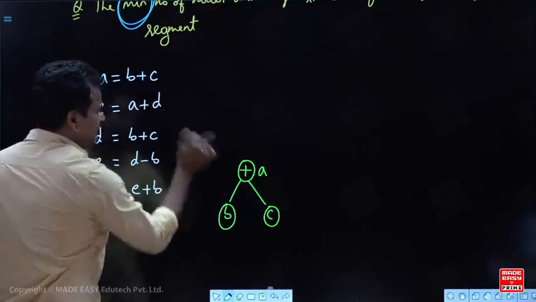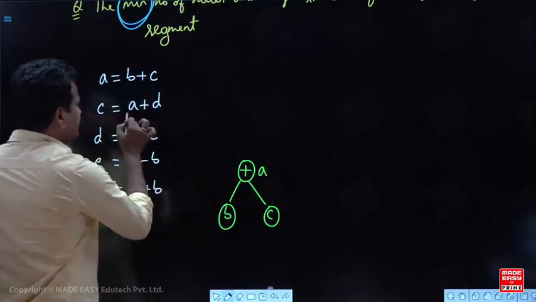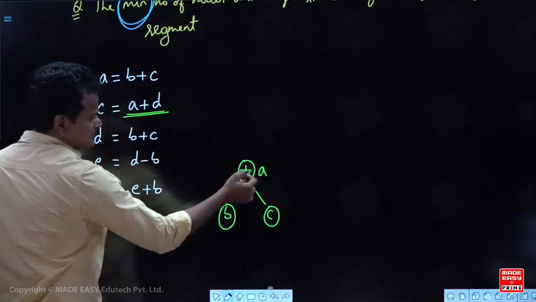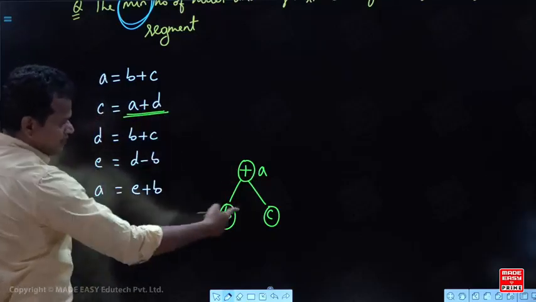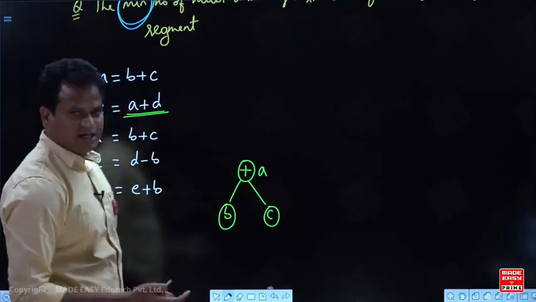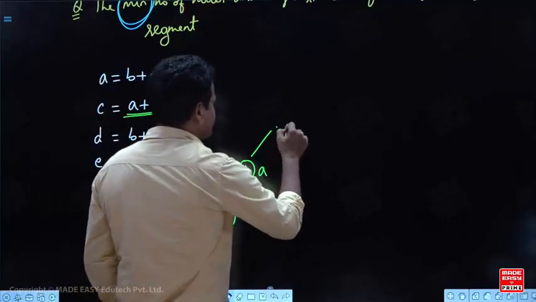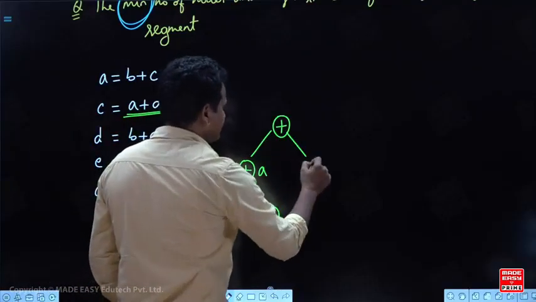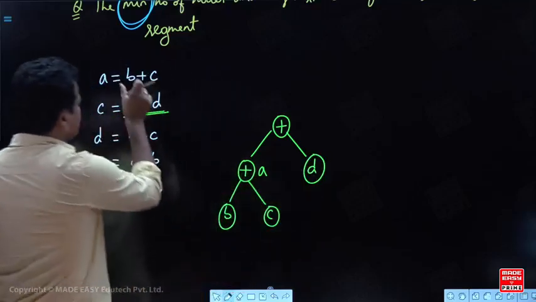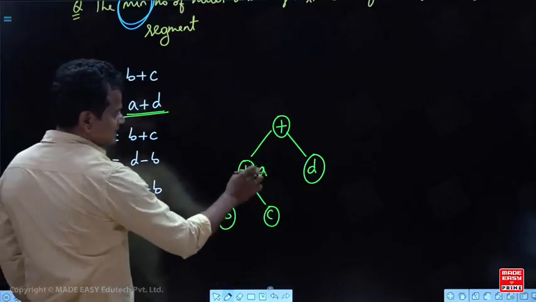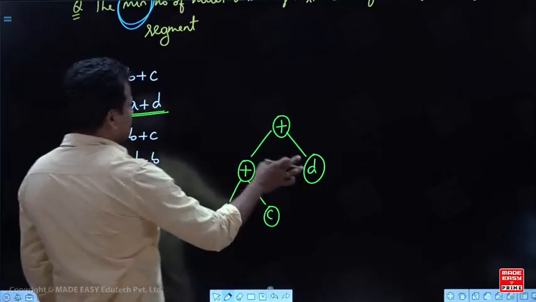Now this B plus C is here A. Now A plus D. Where is A? This is A. And D, have we considered the D? No, we have not created the D. So what do I do here? I will create the D here. Are you following? A equal to B plus C. B plus C is here A. And A plus D here. What is A plus D?